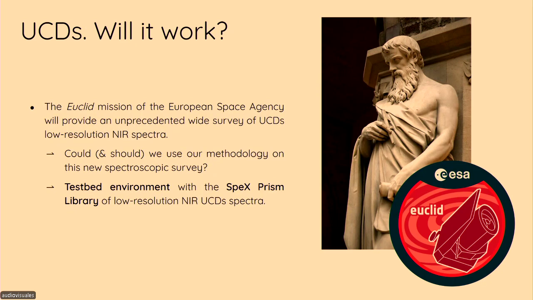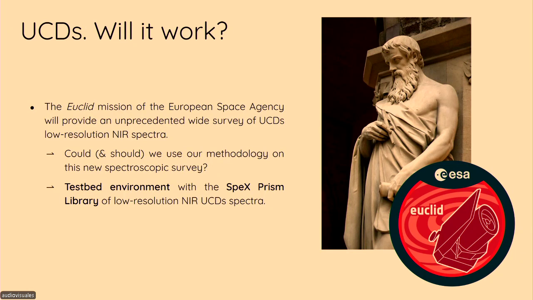But for this, what we need is to adapt our methodology from the high-resolution domain to the low-resolution domain. And as we still don't have Euclid data available, what we did is to create a testbed environment for the low-resolution domain using near-infrared ultra-cool dwarf spectra from the SpeX Prism Library of spectra.